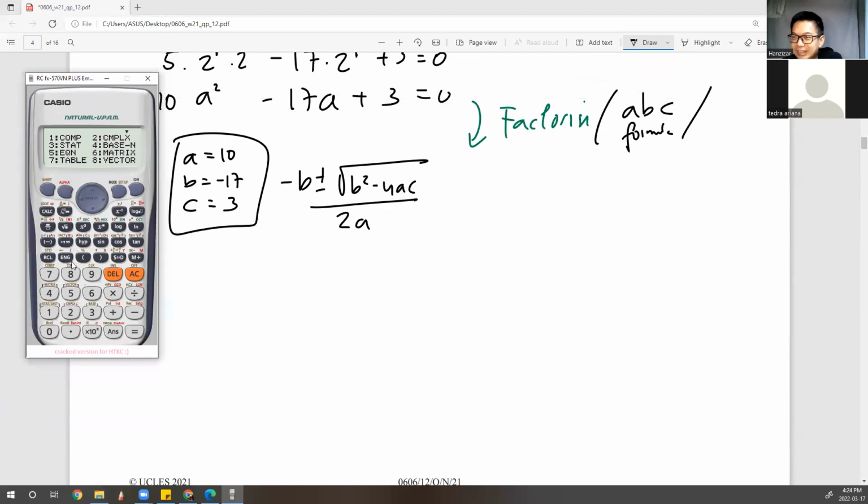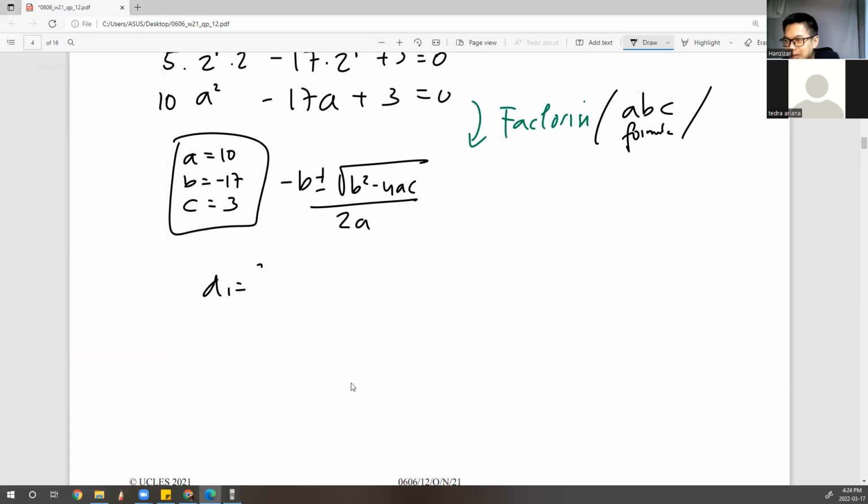This is another cheat. Put in the equation, a x squared plus bx plus c, with a equals 10, and it will be very fast. x1 is 3 over 2 and x2 is 1 over 5.